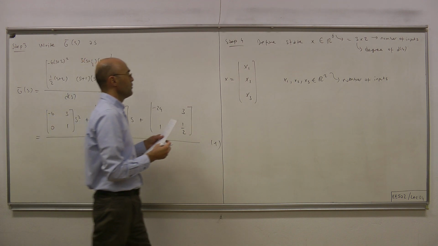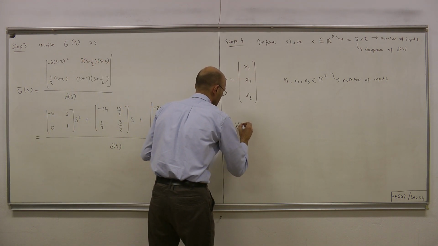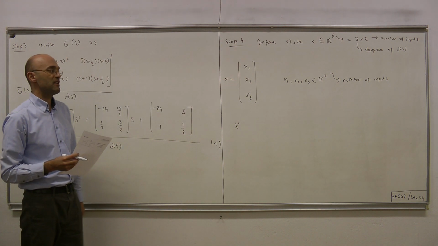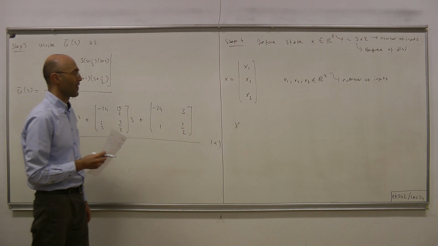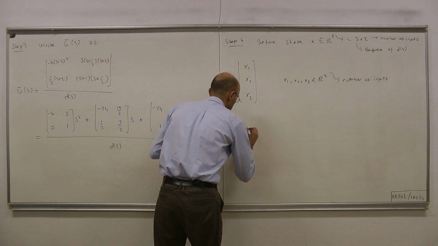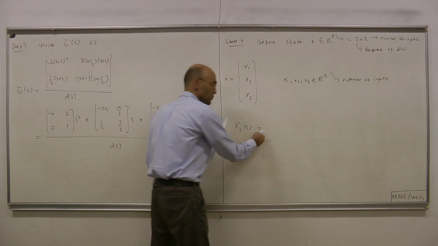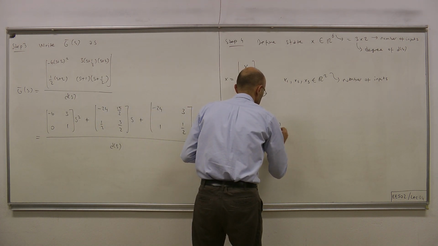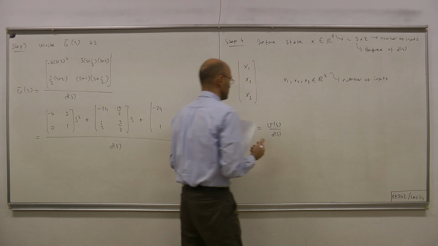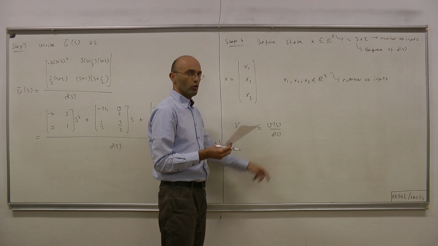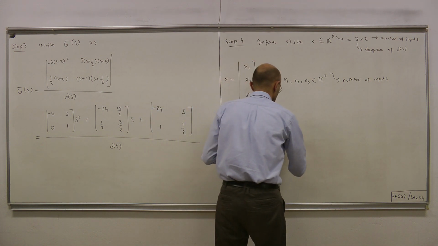Okay, and now we define the states x1, x2, and x3, which are sort of state variables, which are vectors, in the following sense. We start with x3. x3 of s, we're choosing its definition, is u of s over the polynomial d of s.